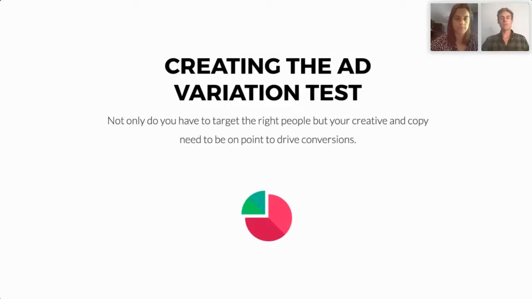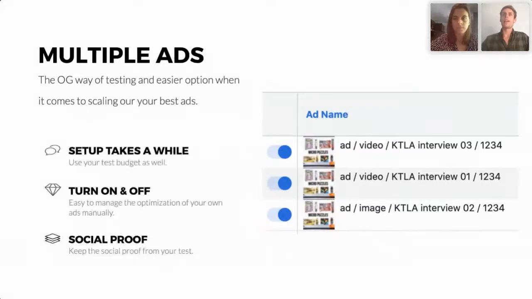Now we're going to jump into how we go about creating these ad tests. This is something that we've been doing for years and it continues to work, but we're going to do this in a live account so you can see the process. There's multiple ways to create an ad test. The old school way is to create multiple ads under one ad set and run all of those ads at the same time.